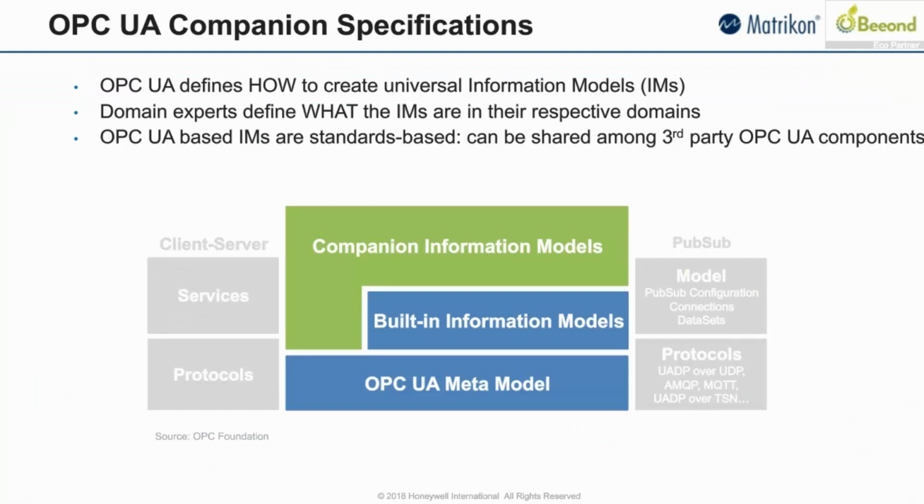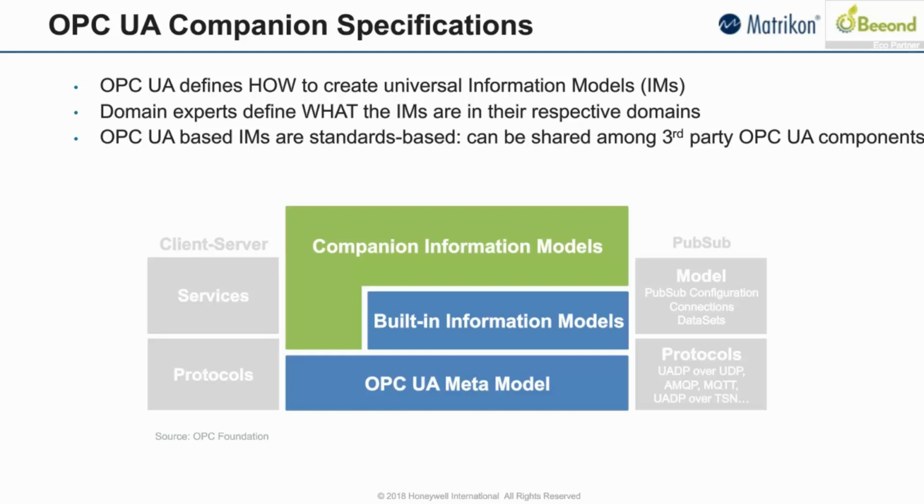Number one, OPC UA defines how you create these, let's say, universal information models. And when I say universal, that means the method of defining a model is universal, so that when someone else creates a different model for a different application, the method of expressing that model is the same, because it's all based on OPC UA, which gives you the flexibility to model virtually anything in your own context, but it's expressed in OPC UA.